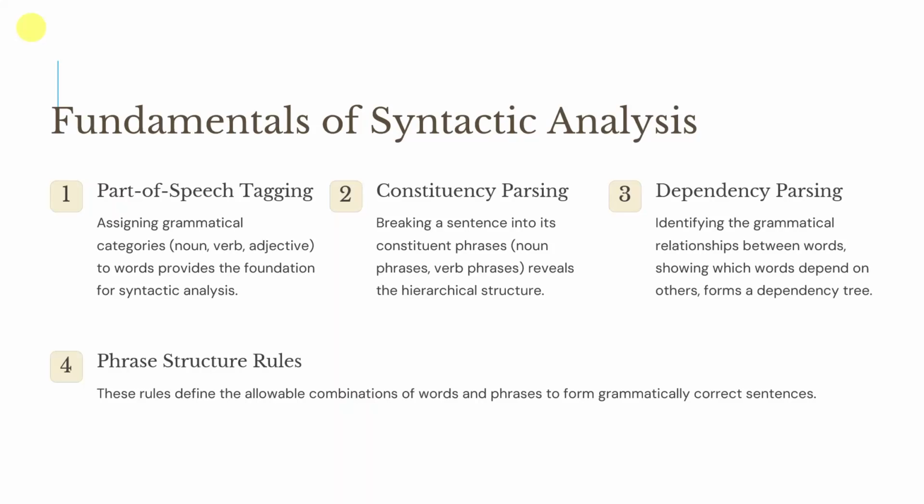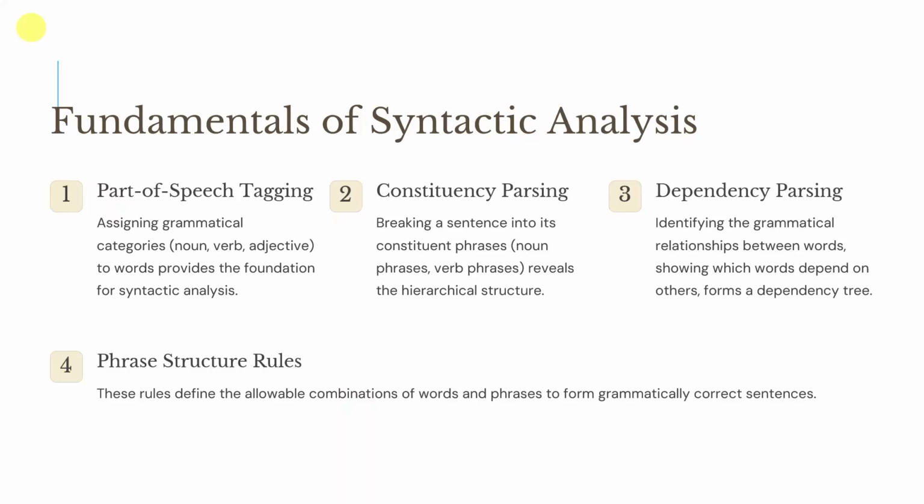After that, coming to constituency parsing, we break a sentence into constituent phrases, that means noun phrases and verb phrases. It reveals the hierarchical structures. Here we are not only assigning the meaning of the words. For your understanding I will explain it again. Syntactic parsing provides the grammatical structure for each and every word present in the given sentence.